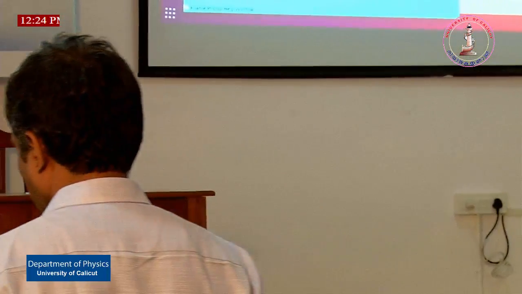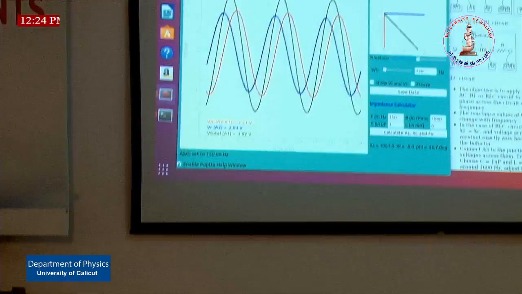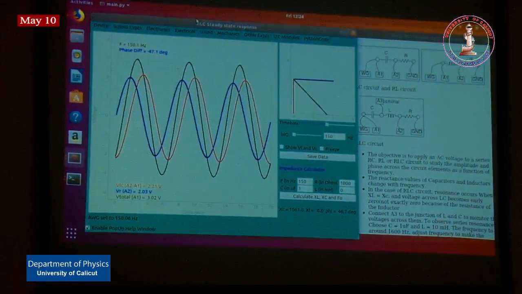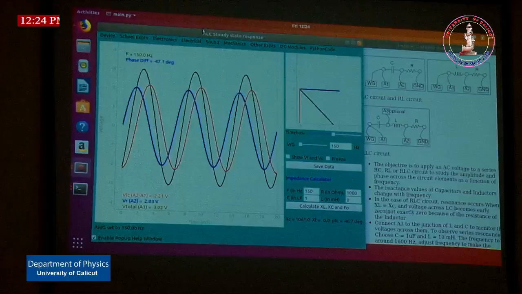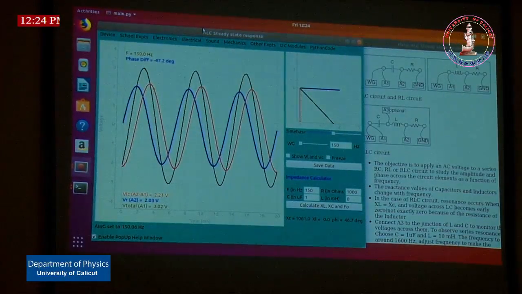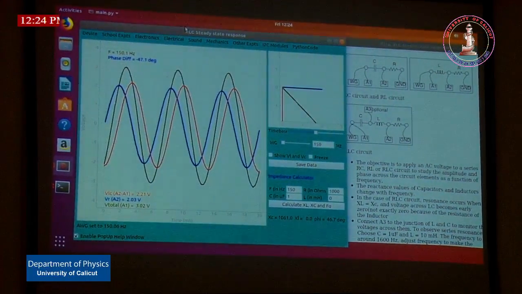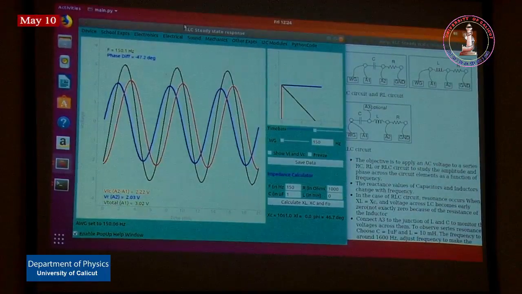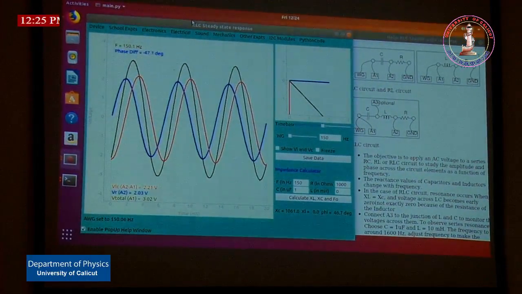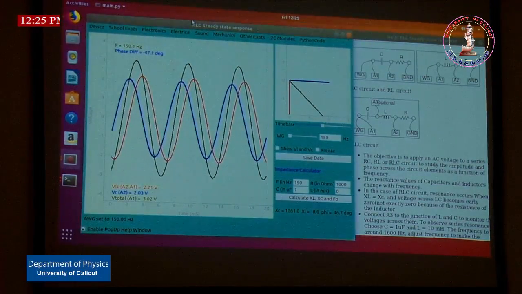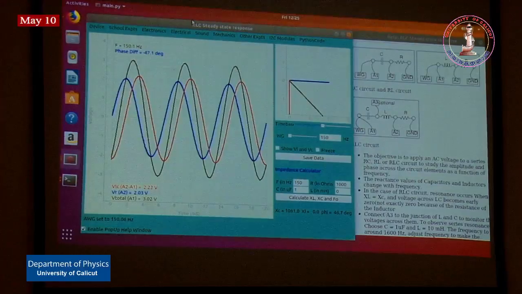Can you see it in this picture? Is it visible here? Look at the blue trace. What is it? VR, the voltage across the resistor. And you know across a resistor, voltage and current are in phase. So blue is the phase of the current in the circuit.